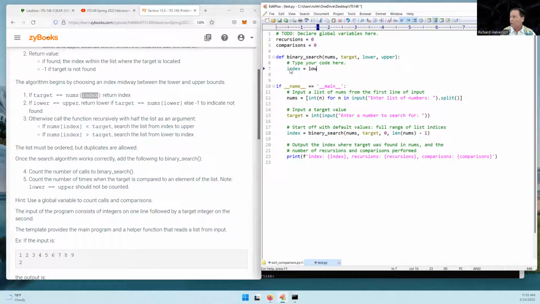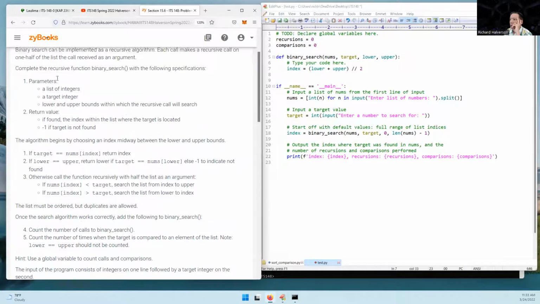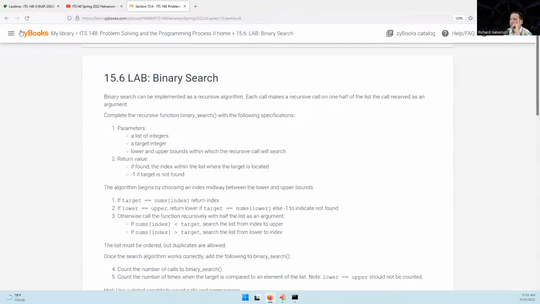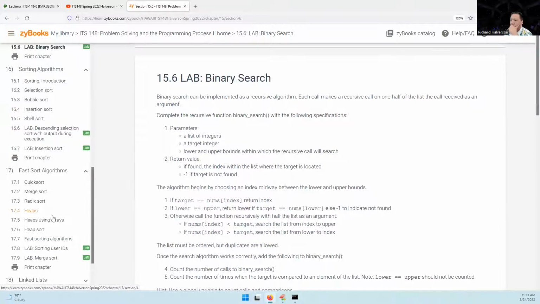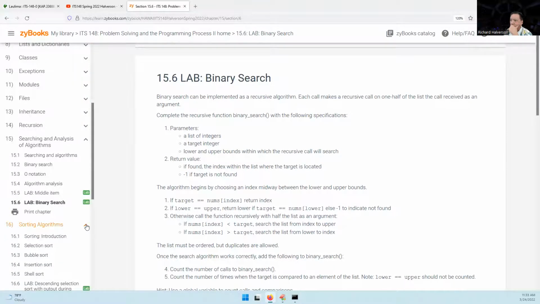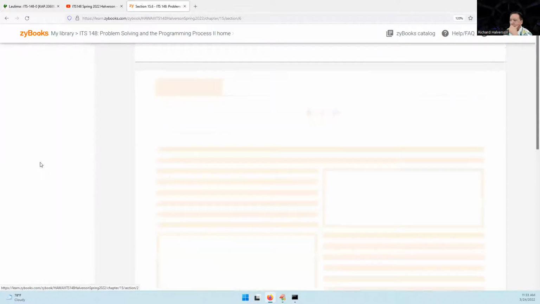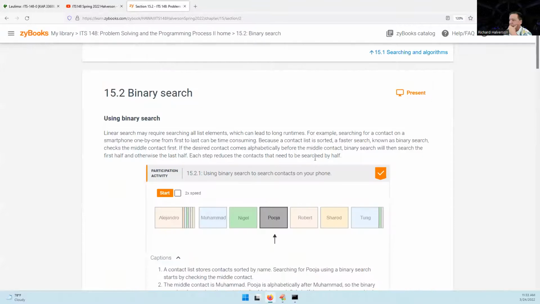Lower plus upper divided by 2. Try to do integer divide. I'm going to pop this, 15.6, binary search.